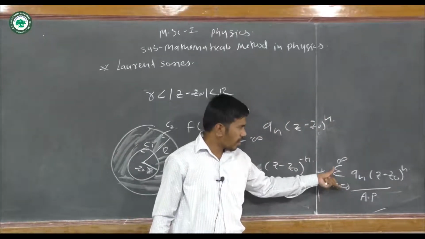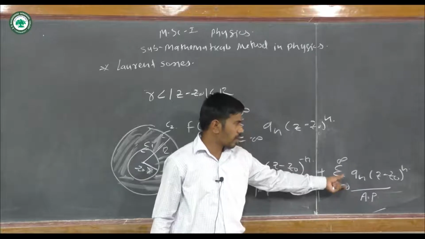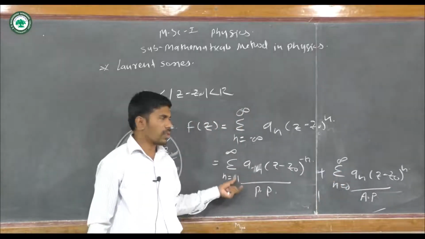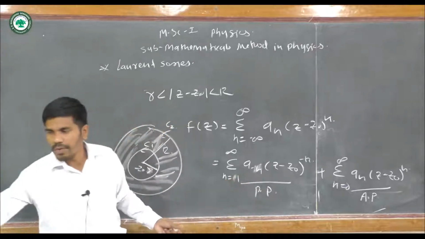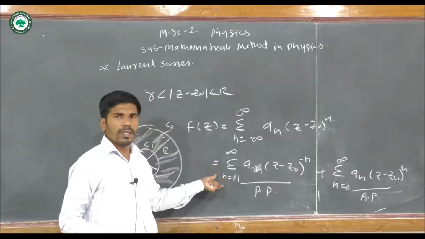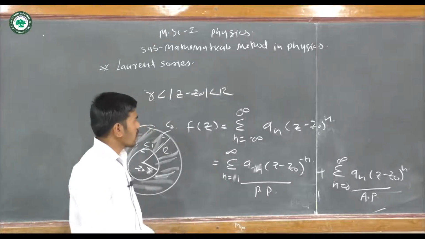Because this series doesn't have a singularity, while the principal part has a singularity. This singularity may be removable or essential, which we will discuss in the next class.